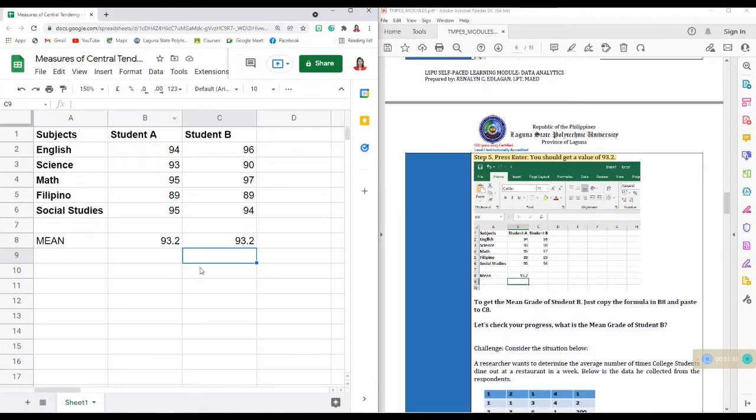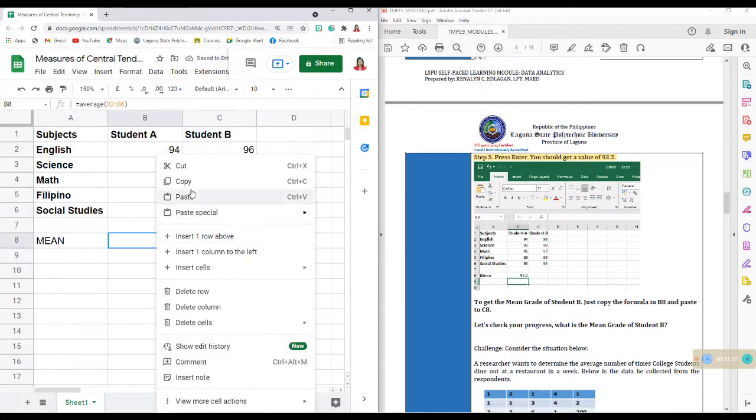Ayan. Bigay tayo ng isang example. Halimbawa, ginawa ko siyang 75 lang dito. Para lang makita nyo ha, this is just for the sake of giving an example na hindi talaga yan laging mag-equal pagka kinopya mo. Halimbawa, babaguhin ko yung grade niya sa social studies. Ginawa kong 75. Ayan, pasang-awa siya.